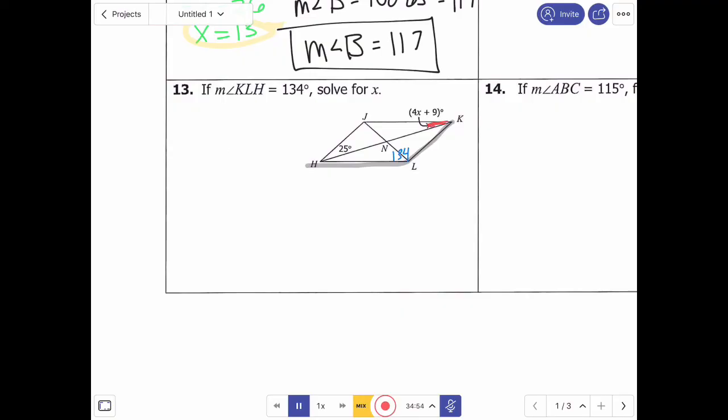And remember that we have these things called alternate interior angles. So if I know this red angle is 4x plus 9, that means this angle down here is also going to be 4x plus 9 because they're alternate interior angles. Okay, so make a note of remembering alternate interior angles.